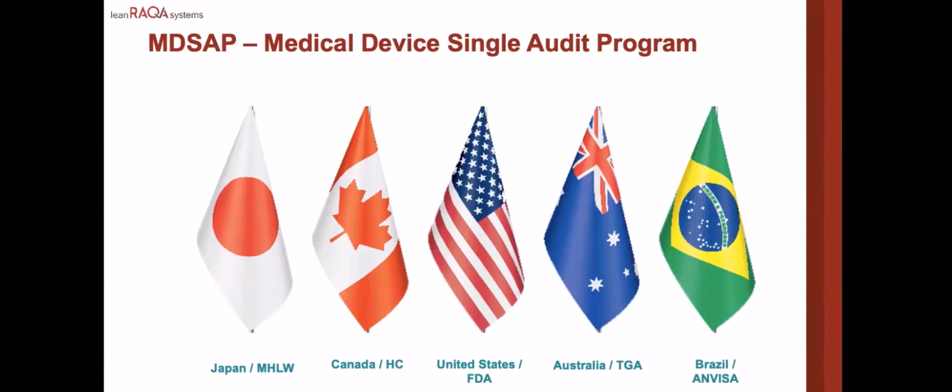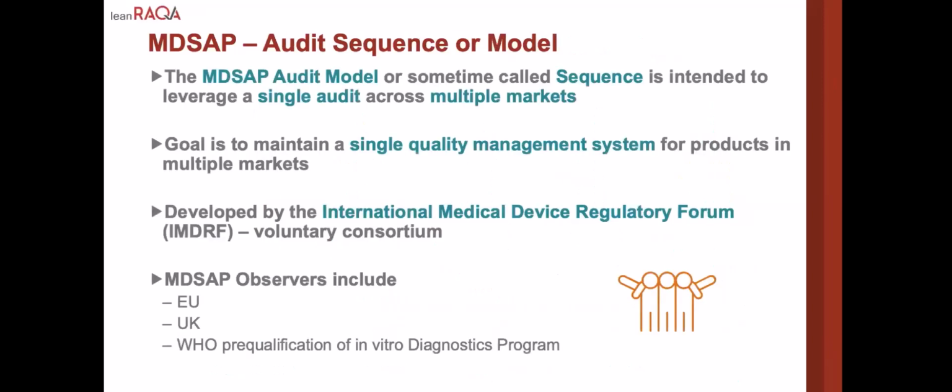And I think when Canada kind of drew the line in the sand and said that they were no longer going to accept an ISO certificate alone, that they were only going to accept a certificate issued under MDSAP, the FDA really kind of stood up and took notice and took the program seriously and became one of the participating countries.